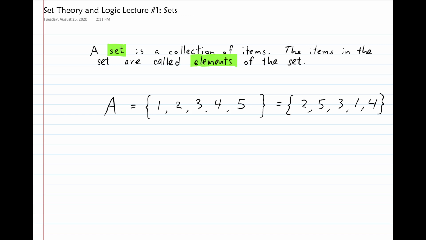Okay? Let me introduce a word for you here. Definition.